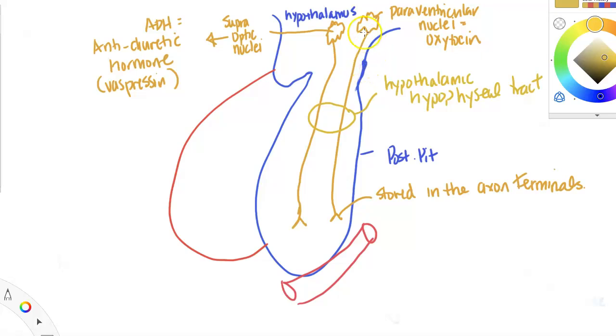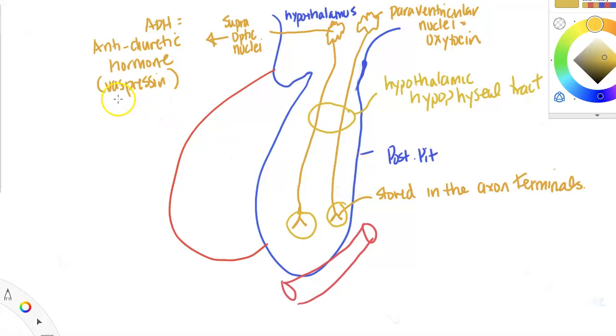And that's where they travel. So they travel down this tract, the oxytocin and the vasopressin or ADH, and they are stored down here until they are needed. So the hypophysis will be the one to let posterior pituitary know when to secrete these hormones.